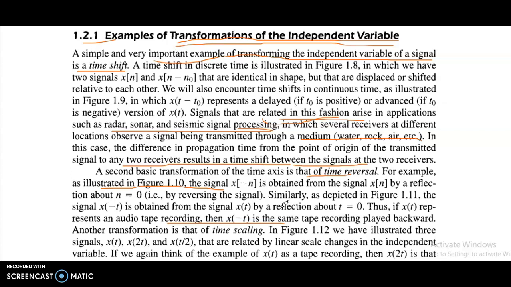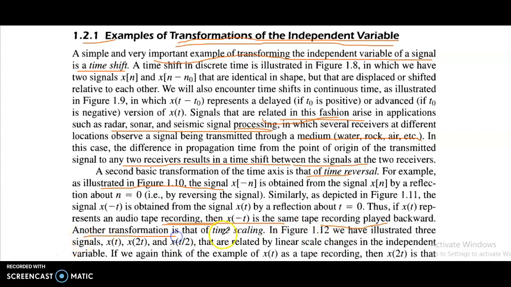Similarly, as depicted in figure 1.11, the signal x of minus t is obtained from the signal x of t by a reflection about t equal to 0. Thus, if x of t represents an audio tape recording, then x of minus t is the same tape recording playing backward.